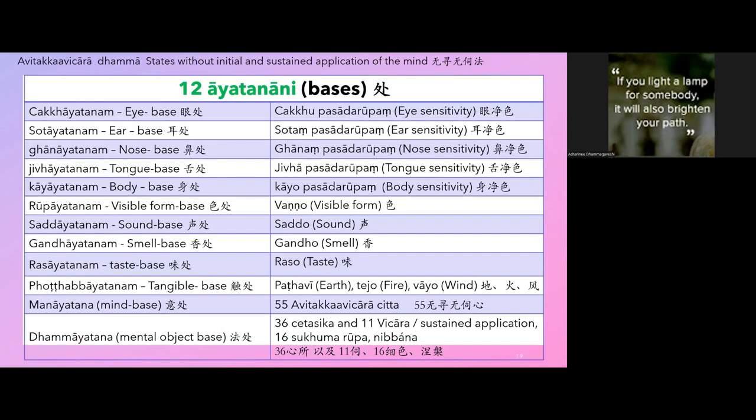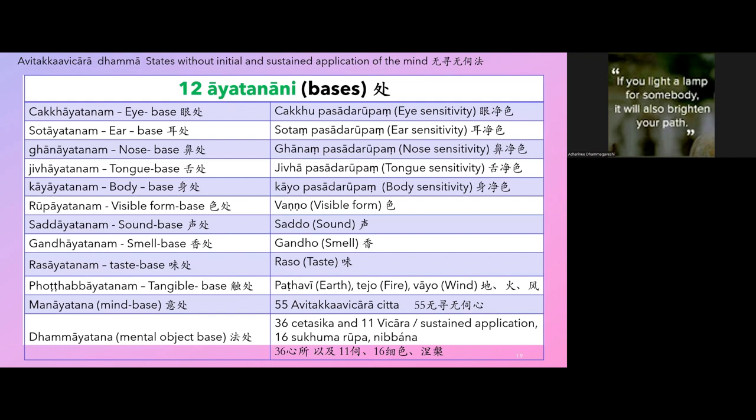Again, under āyatana, bases, we get all 12 āyatana. The first 10, the chakku, sota, gana, jibha, kaya, rupa, saddha, gandha, rasa, pottabba āyatana. These 10 āyatana classify the 12 udarika, or the gross material. And the remaining 16 sukkuma rupa, the subtle matter, are classified under dhammayatana.